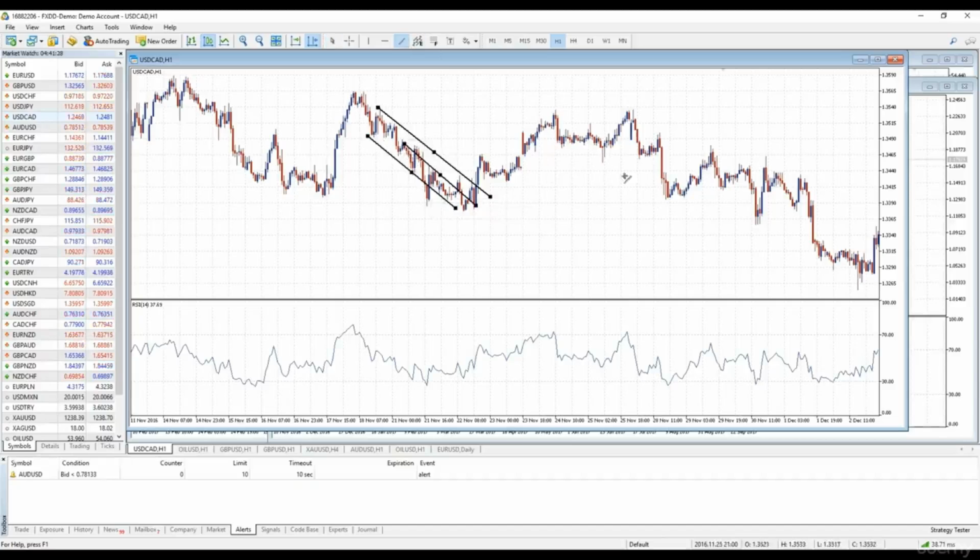So for example, over here, first of all, what you want to do is just draw in the most obvious. So this is quite obvious that it's being supported here. And then, this is also quite obvious that it's being resisted along the top. When we are able to define the most obvious, then we can define our mid-range pivot.